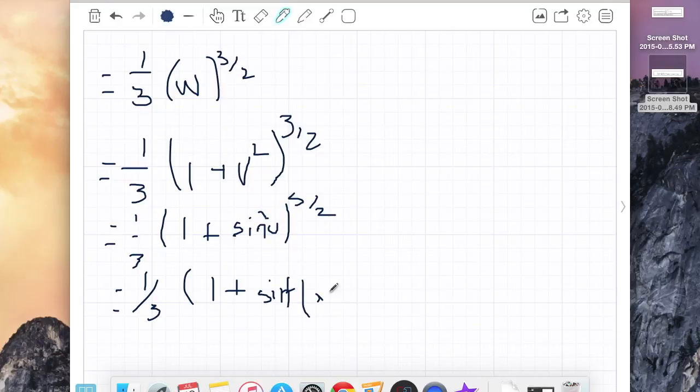That is a squared sine, by the way, it's just really ugly. To the 3/2, and that's the answer. Oh yeah, plus c. Don't forget the plus c. Okay, that's it.